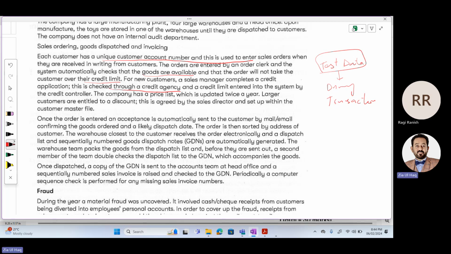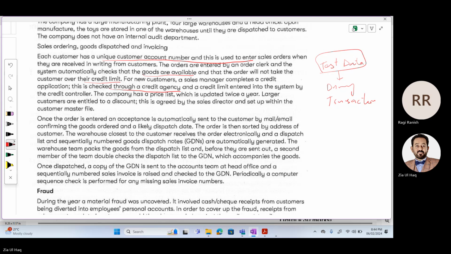How can we verify they have checked through a credit agency? Credit report. Evidence will be sought by inspection of new customer accounts by comparing with the credit agency report. This is to ensure that for new customers, creditworthiness has been checked by a credit agency.